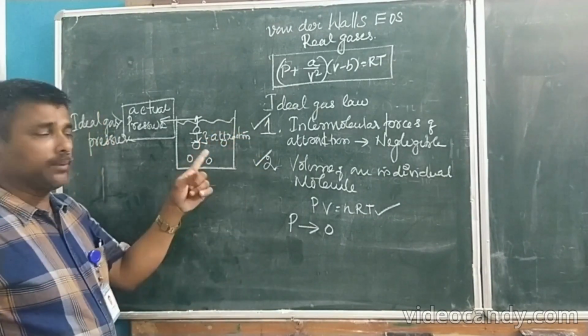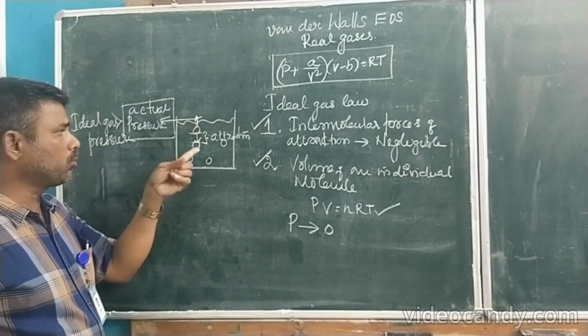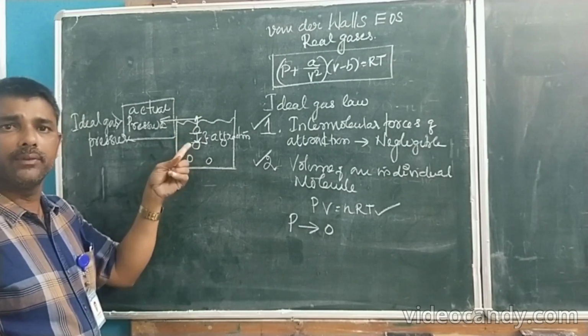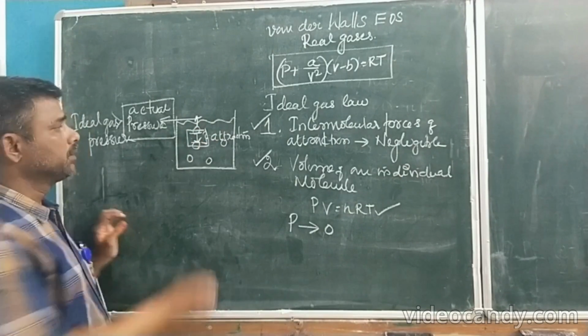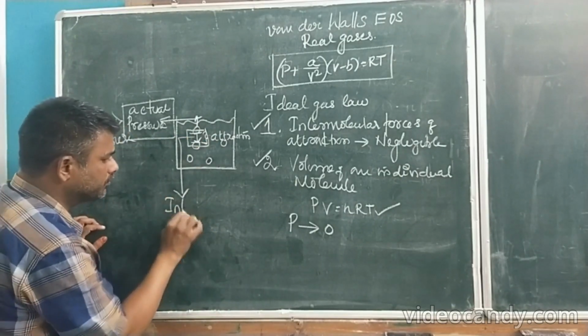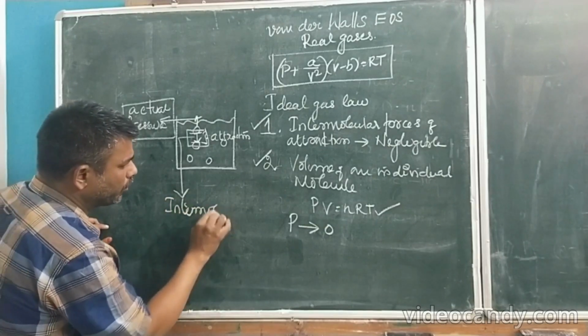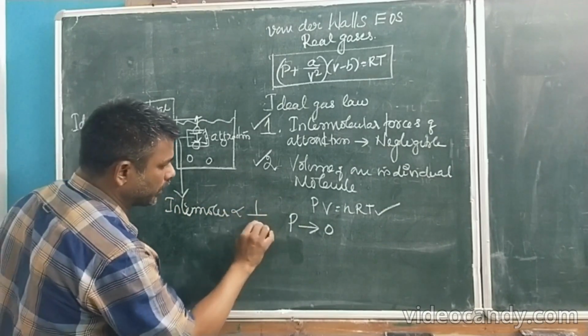For escaping, the molecule spends a certain amount of force to counterbalance this pull. This force has to be accounted for. This intermolecular force is directly proportional to 1/V².